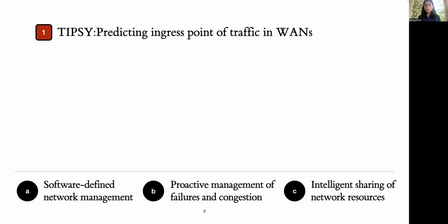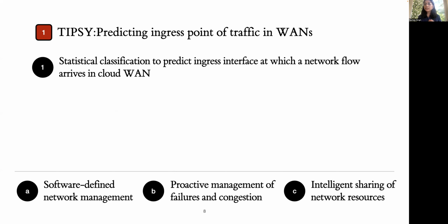In this work, the authors develop a statistical classification technique to predict where the traffic toward a destination prefix enters a WAN. By accurately predicting the ingress interface into the WAN for a flow, STIPSy informs the network operator with important information needed in the event of congestion on ingress interfaces.